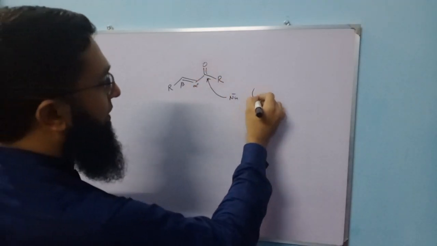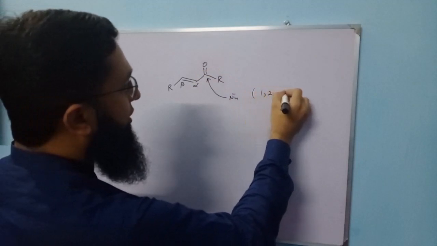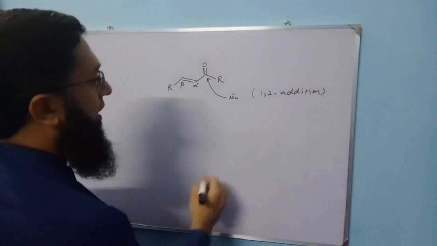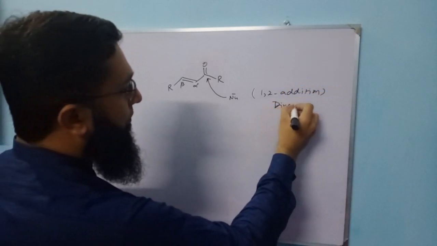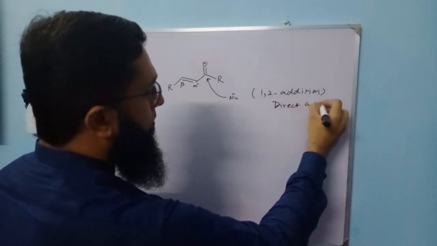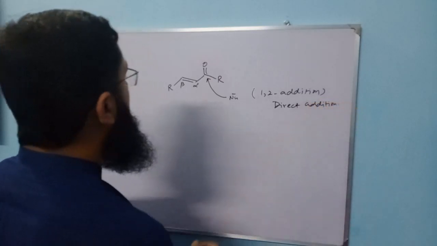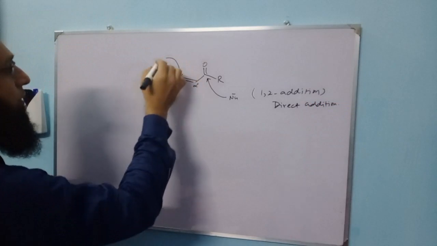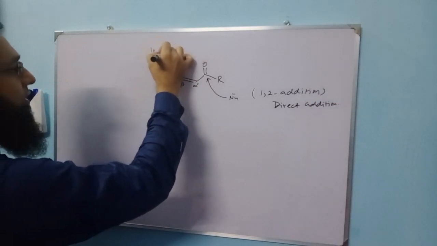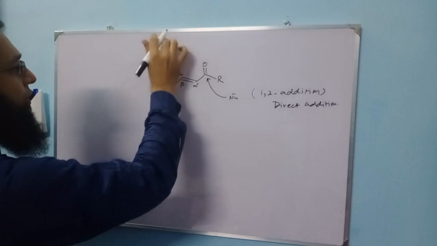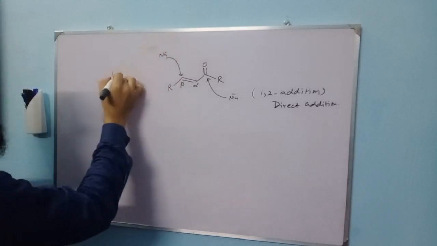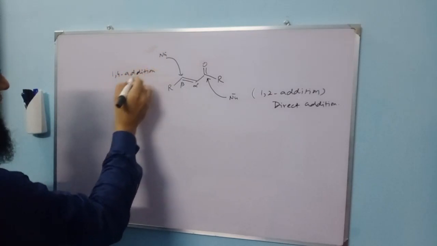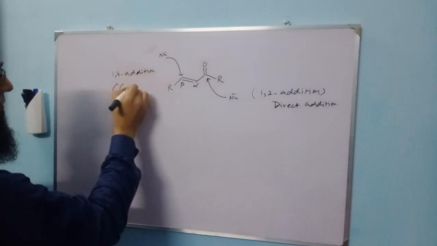If this happens, this is 1,2 addition or direct addition. Another possibility is that it is attacked on the beta carbon, which is called 1,4 addition or conjugate addition.